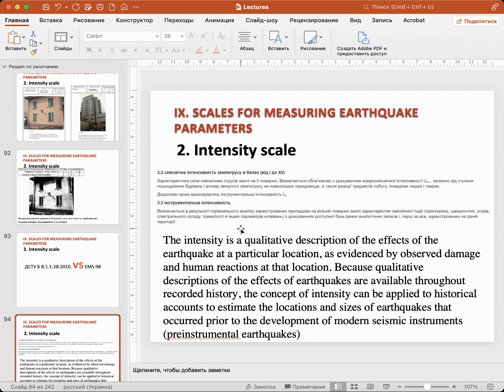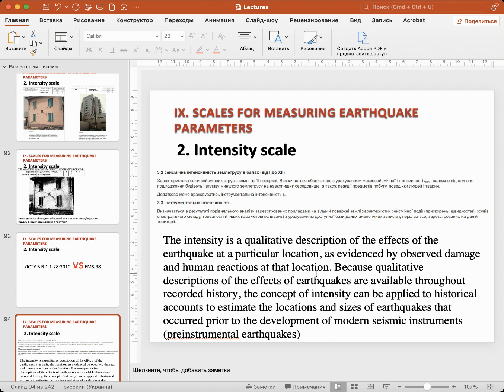And what is intensity? Intensity is qualitative. It describes quality with the help of tables. So intensity is a qualitative description of the effects of the earthquake at a particular location, evidenced by observed damage and human reaction at that location.